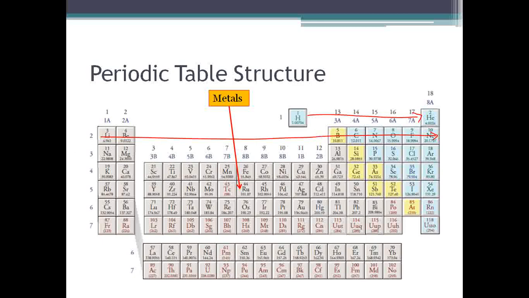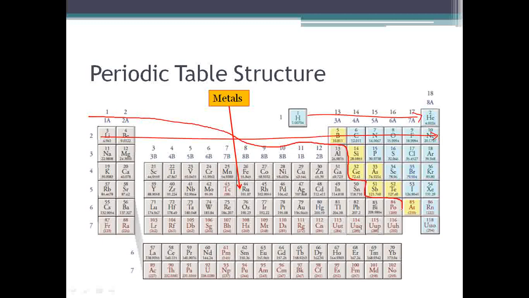Next thing I want to point out to you is that the table's laid out in groups or clusters or blocks, however you wish to call it. The first block or cluster I want to look at are the metals. So you can see here that we've got the metals. This arrow here actually refers to everything to the left of this yellow group of elements.